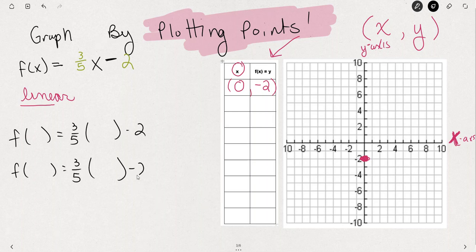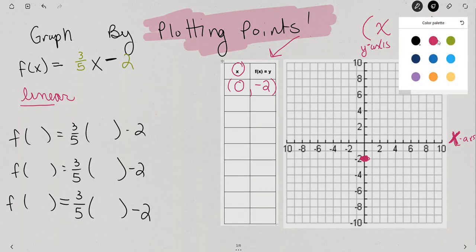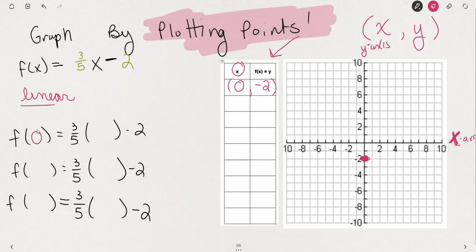What you see me doing here in this black ink is I'm writing the function down without the x. And now with a different color here, I'll use this pink, I'm going to fill in the x with a 0. This is called function notation, and I'd read it f of 0. So what this means is I want to replace the x with a 0 and evaluate this.